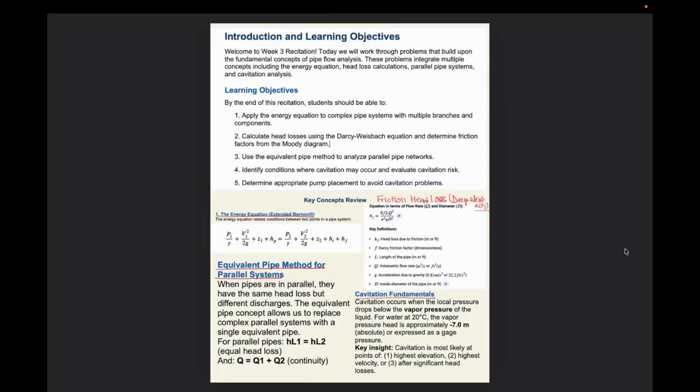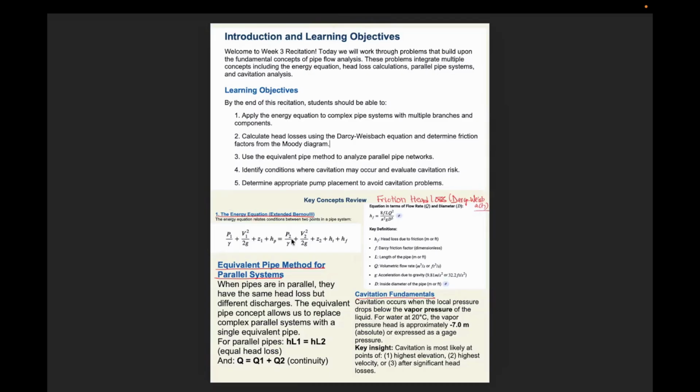We will also determine appropriate pump placement for avoiding cavitation problems. So some of the key concepts that we need to understand before we jump directly into numerical problems is we need to know about this energy equation.